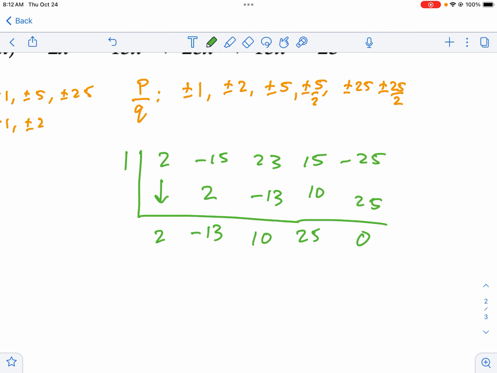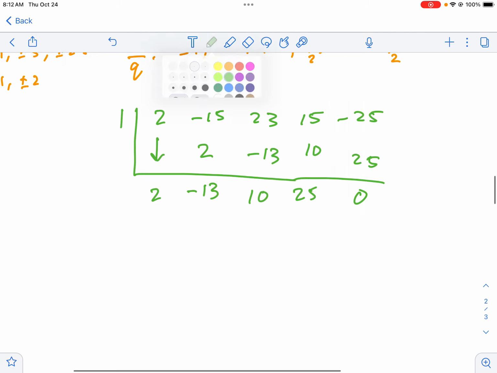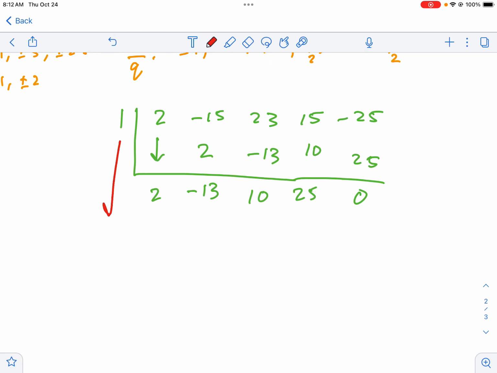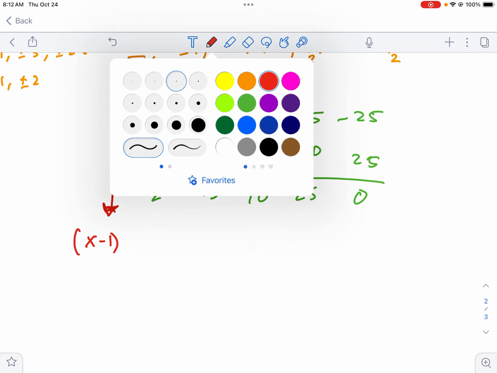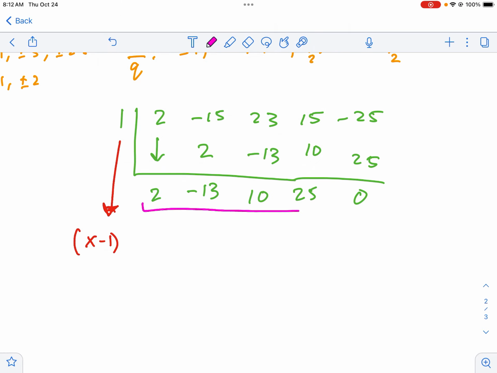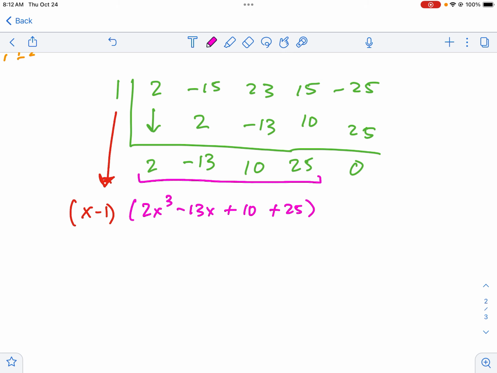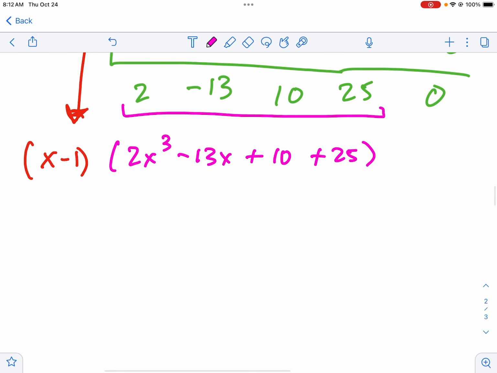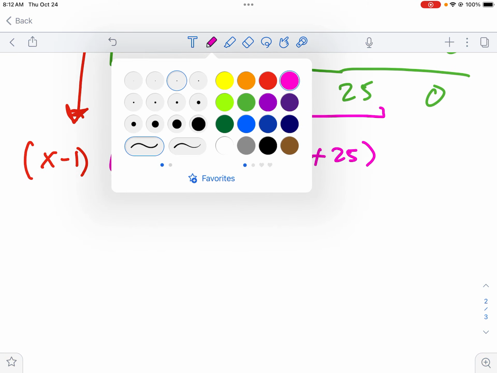So I chose 1 and it worked again. So this tells me that I have x minus 1, and then I have this: 2x to the third power minus 13x squared plus 10x plus 25. And I can't factor this by grouping. I can't do anything, so just run it again.